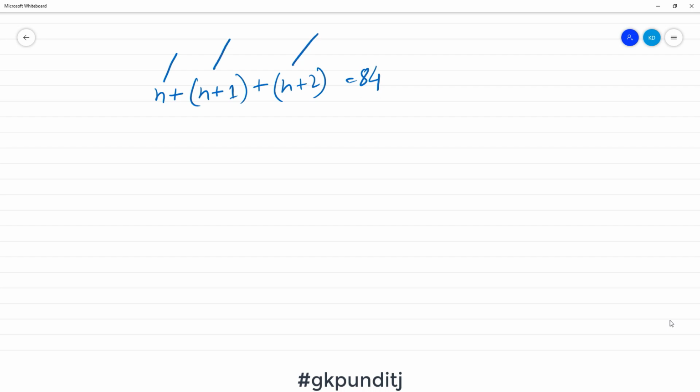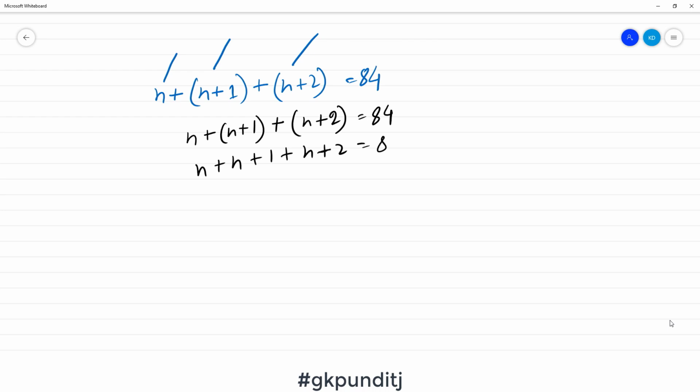Let's proceed to solving this equation. n plus 1 plus n plus 2 is 84. Just remove these brackets. Then 3n plus 3 is equal to 84.